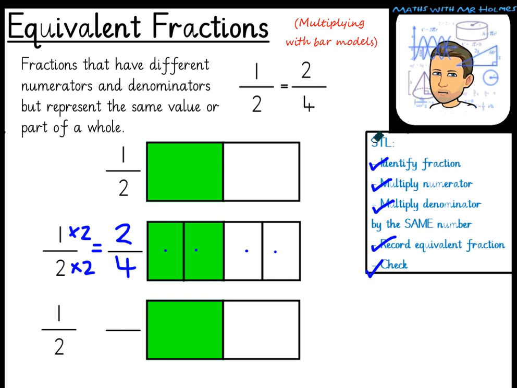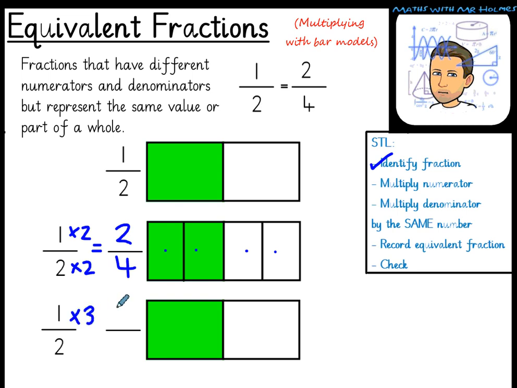Let's have another go, but with a different number. First step then, we'll identify the fraction. We're going to stay with 1/2. We need to multiply the numerator. We'll choose 3.